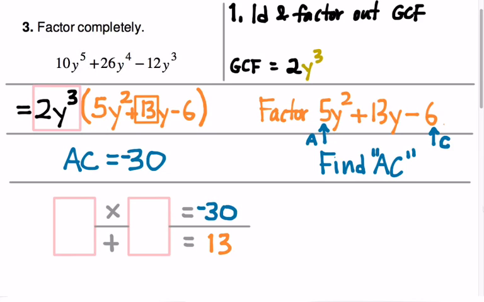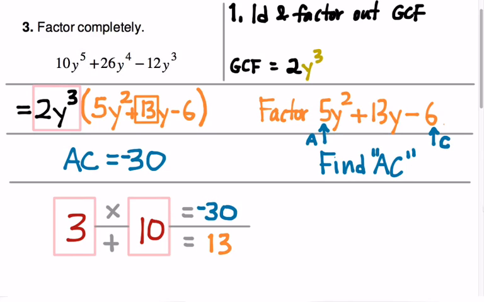This is a neat method. It's almost like a miracle that it works. So when we do that search, what pair of numbers fit this bill? 3 and 10. 3 and 10 are enough to get us a 30. Those multiply together to give me positive 30, though.